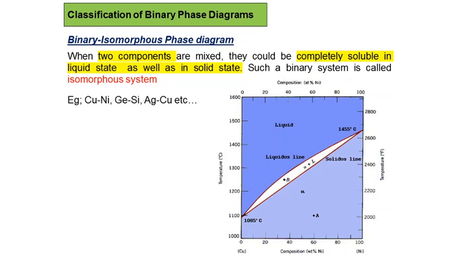So we mark the melting point over the y-axis on the right-hand side. We can ignore the scale in degrees Fahrenheit; that is not required. We have already mentioned the scale on the left side, which is in degrees Celsius, so the Fahrenheit scale is not mandatory.